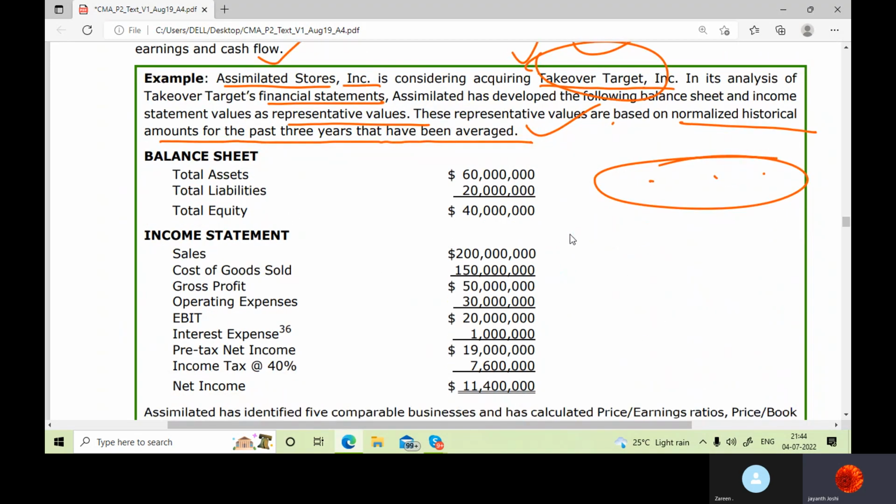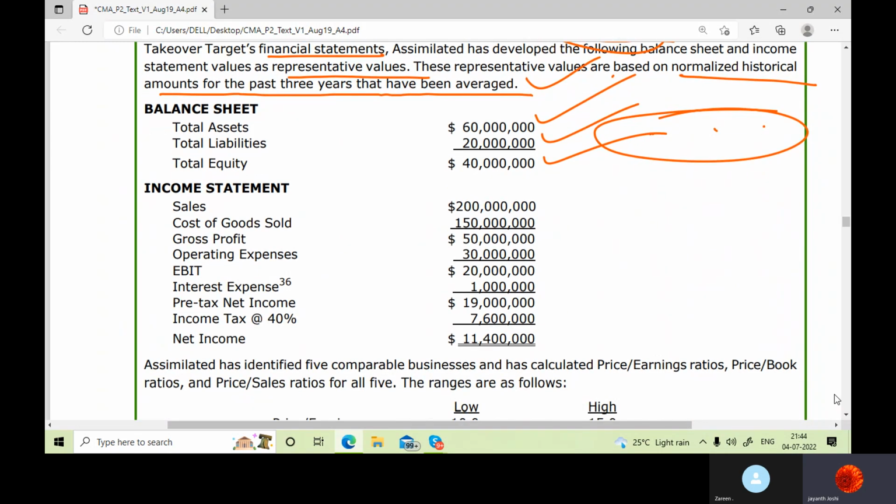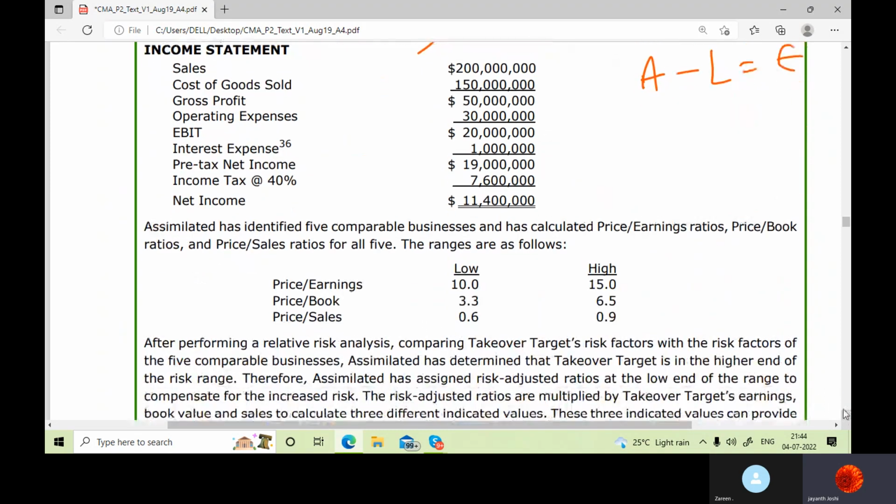This is shown in the book here. Total assets 3 years average, liabilities 3 years average, equity you will get. So you know, assets minus liabilities is equal to equity. That's what they're showing here. Sales, COGS, the income statement is also given.